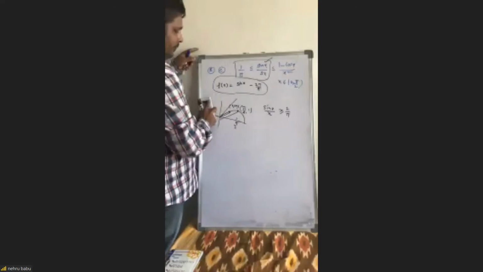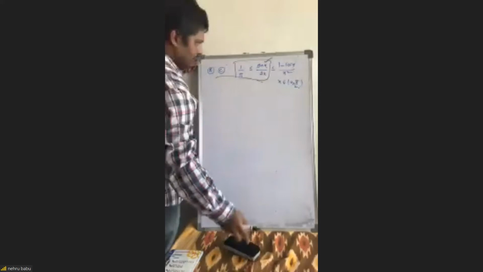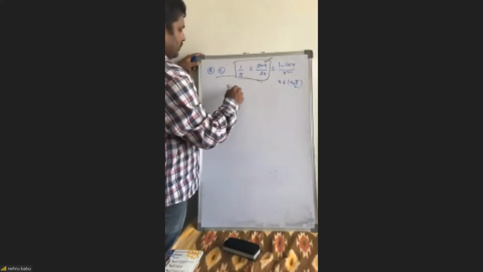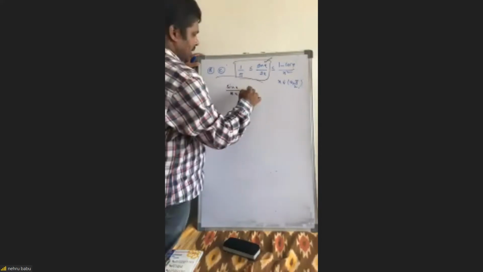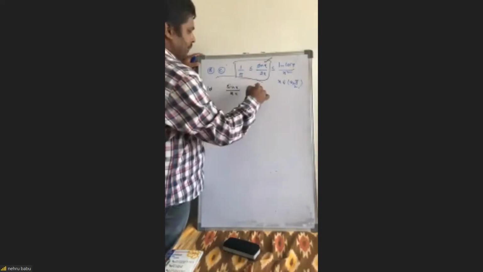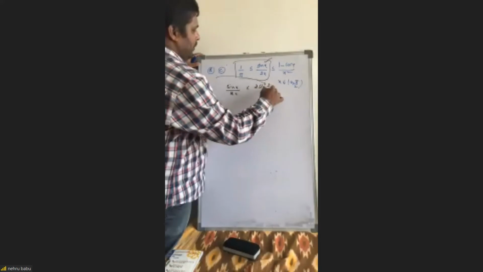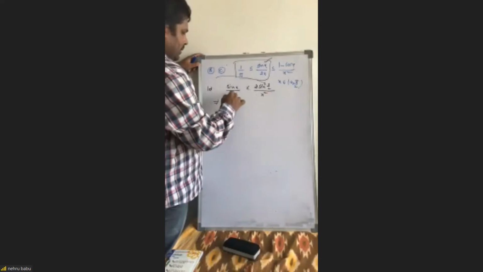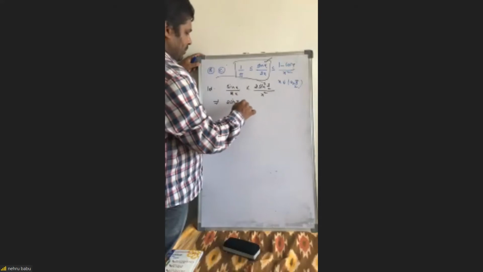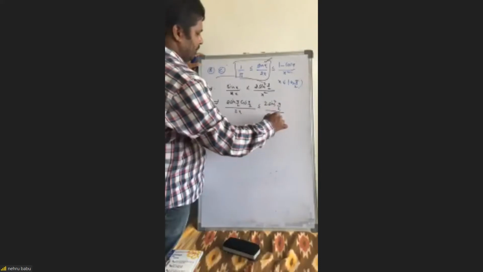Now what about the second part? On the right side we can write 2 sin square x by 2, and on the left side we write 2 sin x by 2 cos x by 2, by 2x, less than or equal to 2 sin square x by 2 by x square.